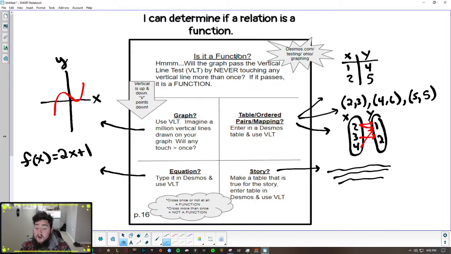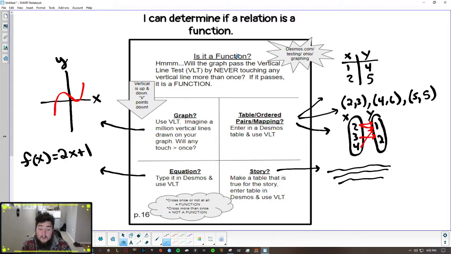For graphs, we're going to use the vertical line test. For equations, we're going to type them into Desmos and use Desmos to determine, after using the vertical line test. Ordered pairs, tables, and mappings will also use the vertical line test as well as Desmos to help us out.